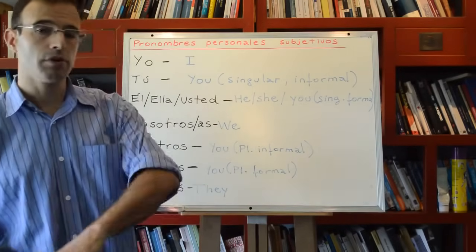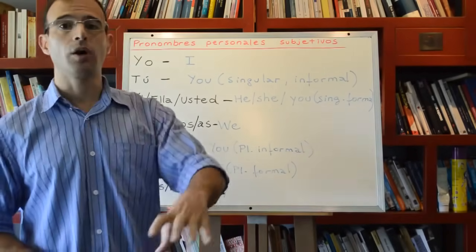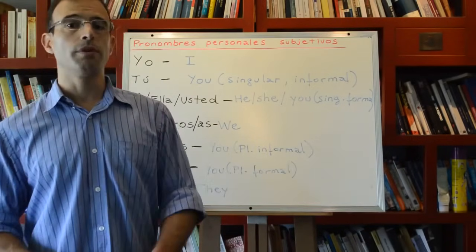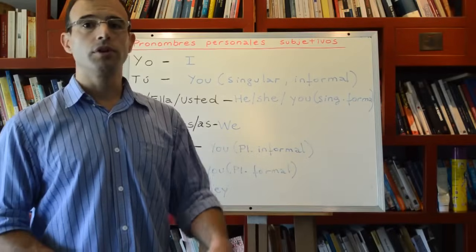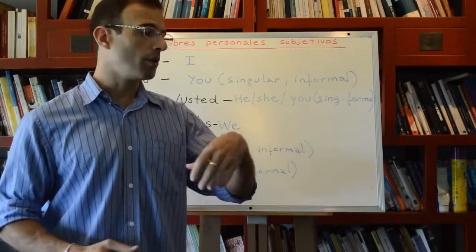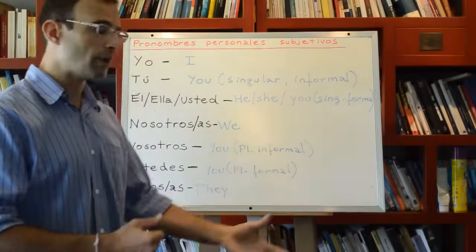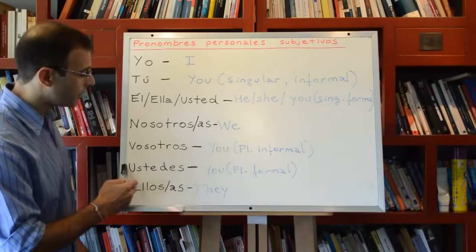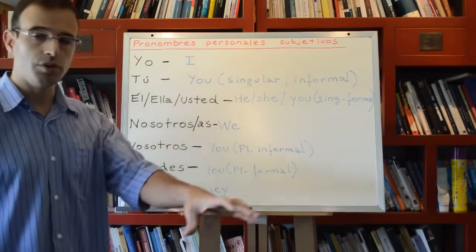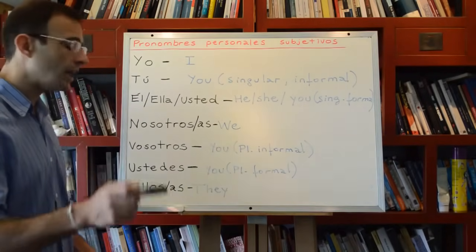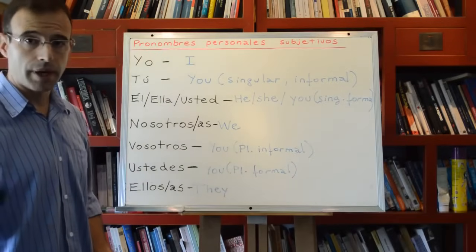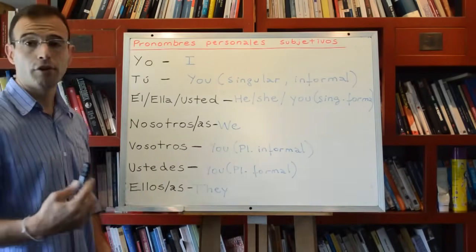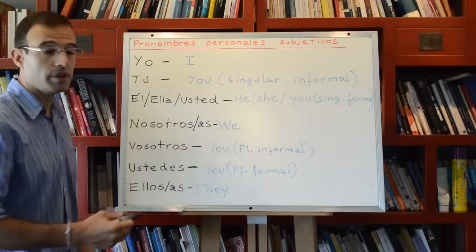So no matter if you're addressing a group of friends, a group of relatives, a group of children, a group of directors of a board, or CEOs, or politicians, senators, presidents, whatever, everybody will be addressed as ustedes, for you all, okay? In Latin America. In Spain, let me repeat again, vosotros would be the informal and ustedes would be the formal, okay?